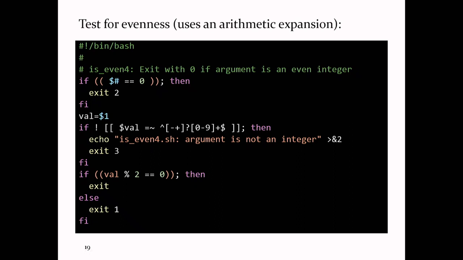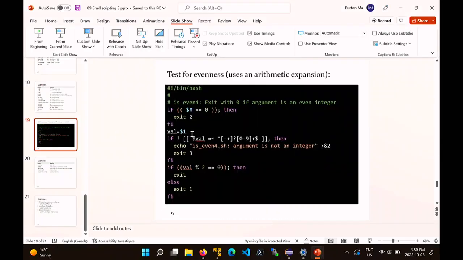If you actually want to validate that that argument is in fact an integer value, then you have to write an if statement. So if, where is $val? Yes, $val is argument number 1. So if the value matches some integer, I've got the not out front. You can put the not inside the square brackets as well, so it's fine if you write it this way.